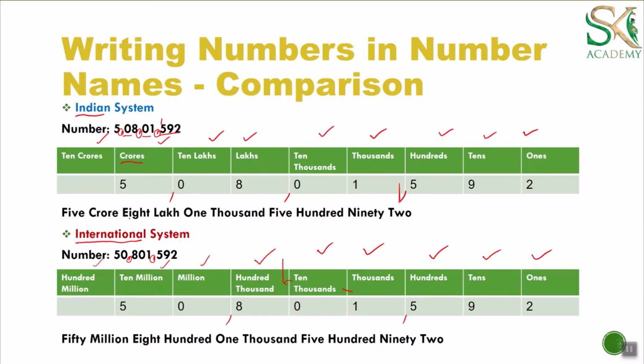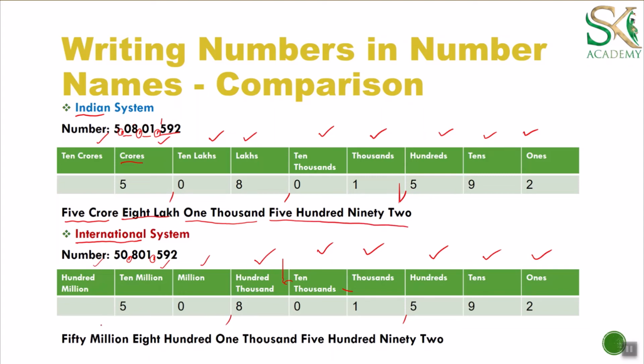So here you will write 8 lakhs, and this is 5 crore, and then 0 in the 10,000 box and 1 in the 1000 box. So 1000, and you can write 592. This is how you write it in the Indian system.